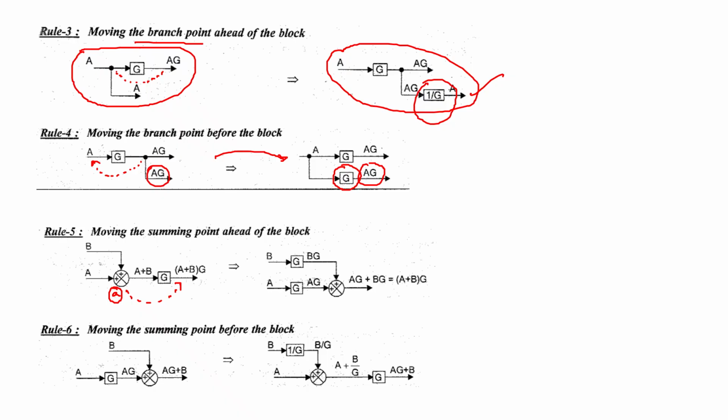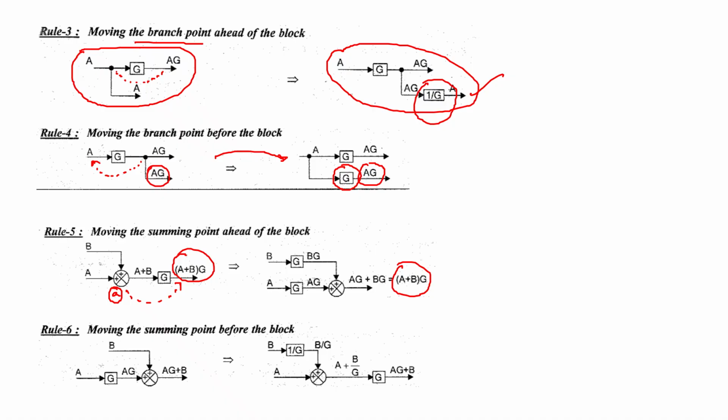Every time, I have to add a block ahead of which the summing point is moved. So the signal B is passed through the same block G, and A likewise, so I get the same signal A plus B into G as the output in the equivalent form.